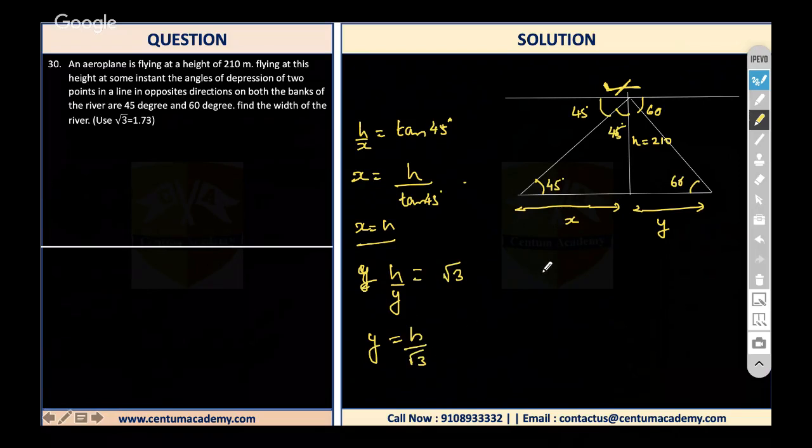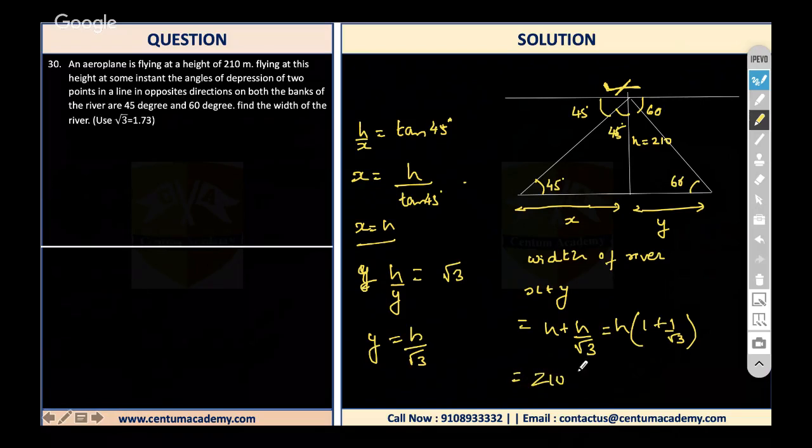So hence the width of the river is x plus y, which is h plus h by root 3. So h common, 1 plus 1 by root 3. Multiply and divide by root 3, you will get h is 210, so 210 into 1 plus root 3 by 3.